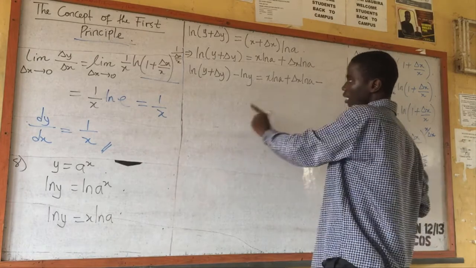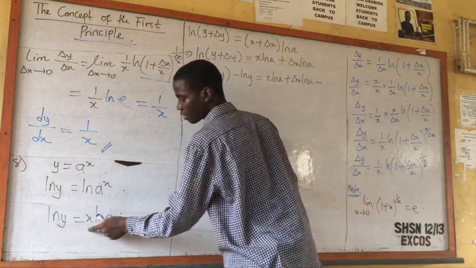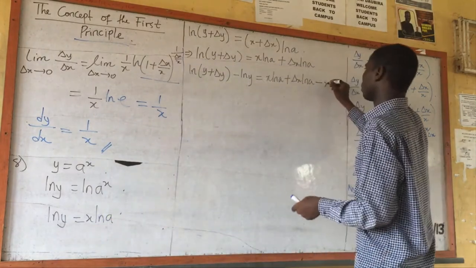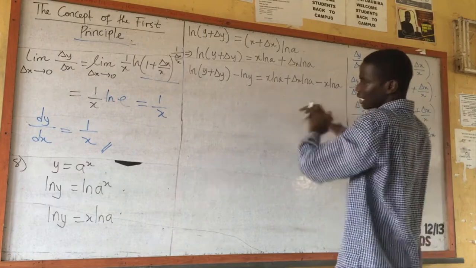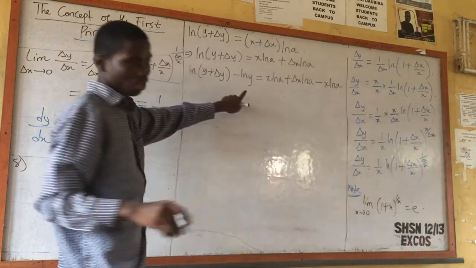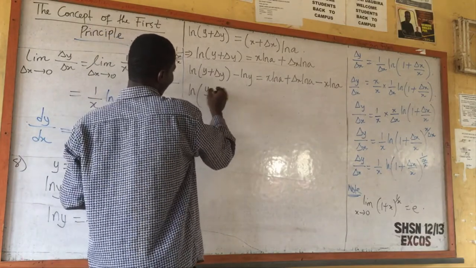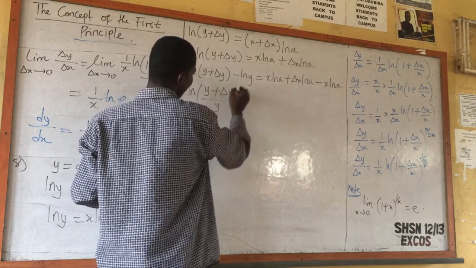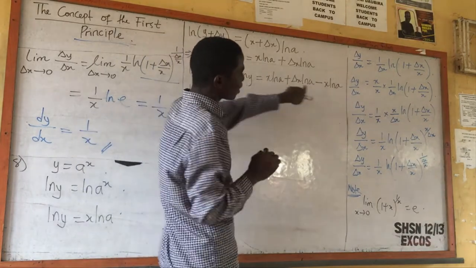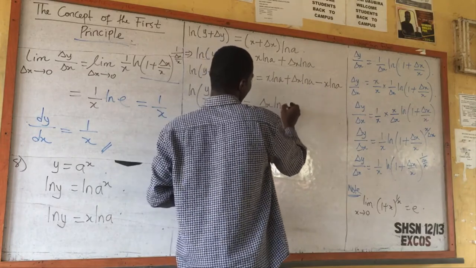minus ln y. I'm subtracting ln y from both sides, but ln y is equal to s ln a. So s ln a cancels s ln a. Don't forget this is a logarithm function. This will become ln of y plus delta y all over y is equal to delta s ln a.